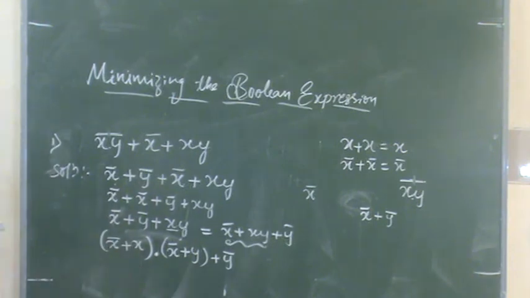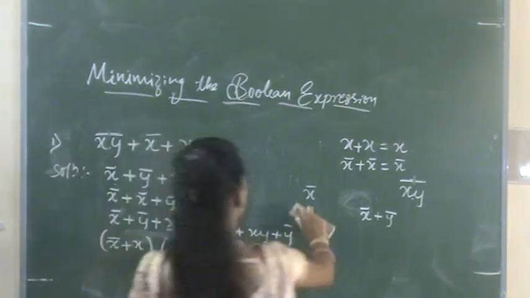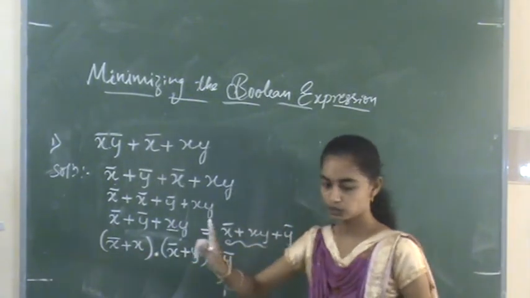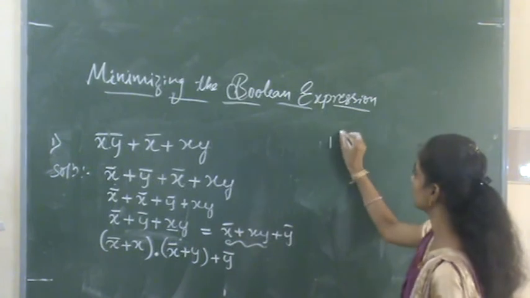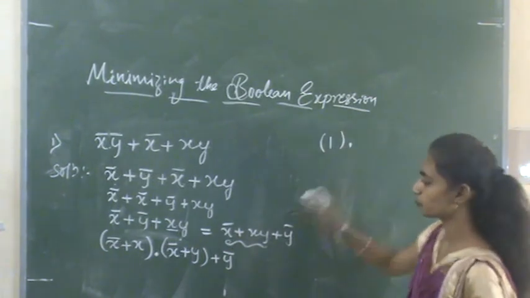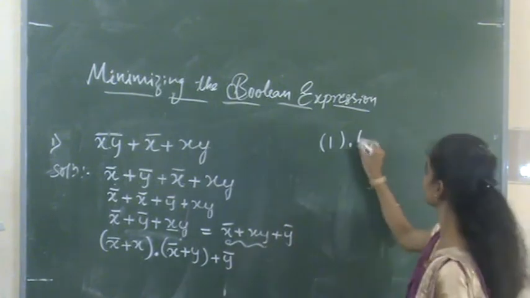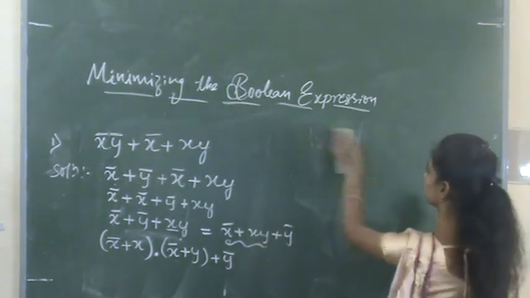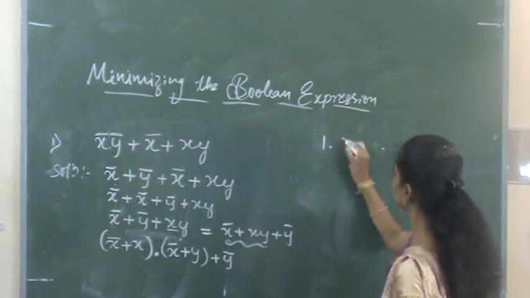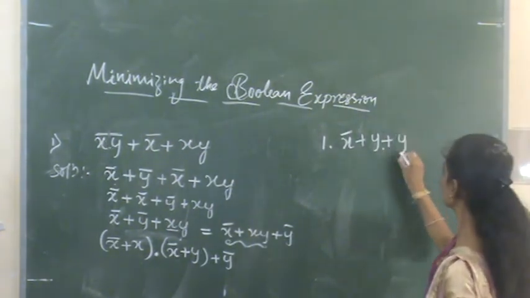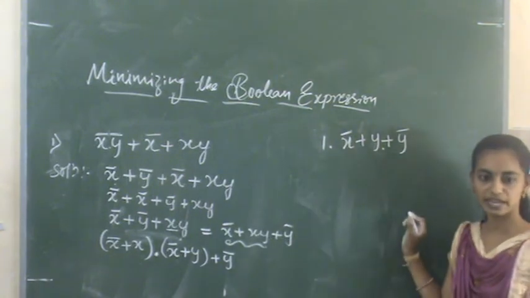So according to the complementative law, x bar plus x is equal to 1. So instead of that I am writing 1 into, we have x bar plus y, as it is. So 1 into x bar plus y bar. This is the remaining thing, right?